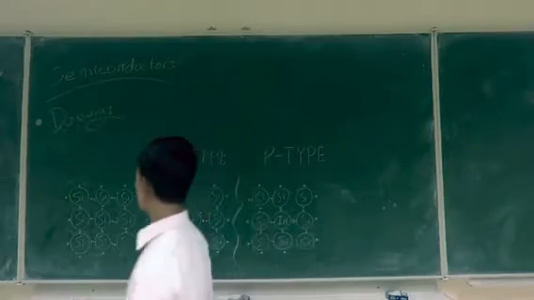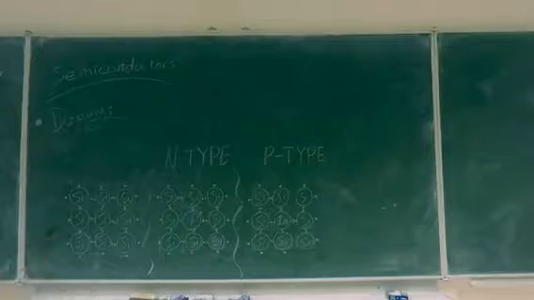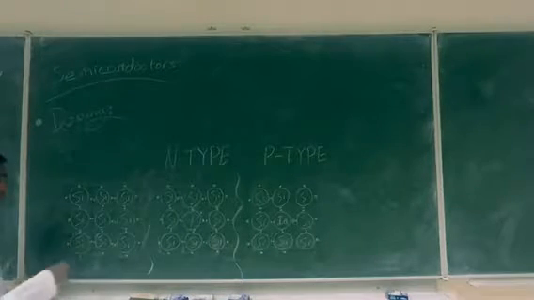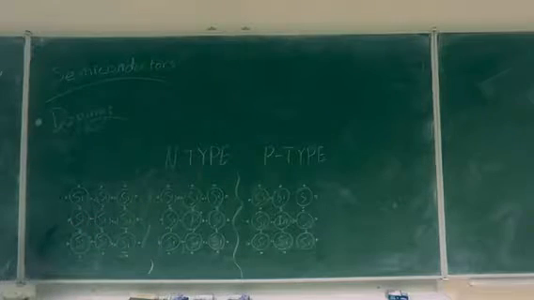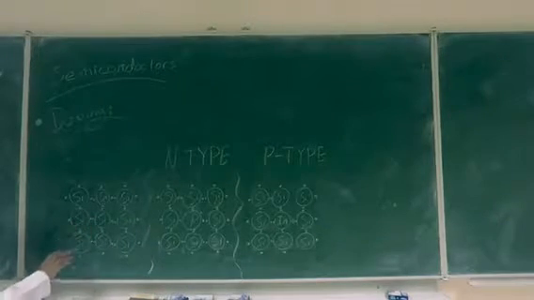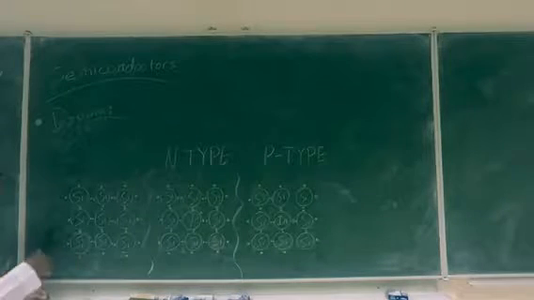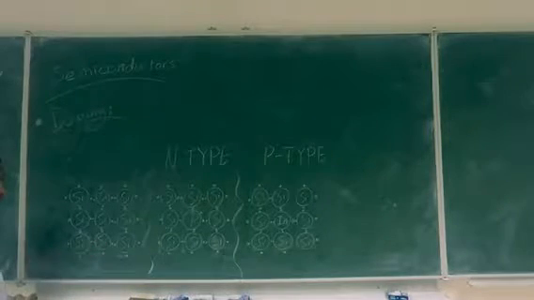Now, as you see here, we have silicon atoms bonded to each other, and every atom, as you see, is surrounded by 8 electrons. This is the normal semiconductor, or the pure semiconductor.